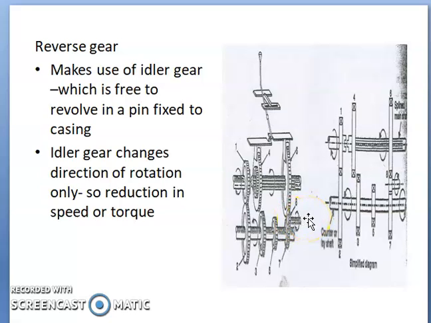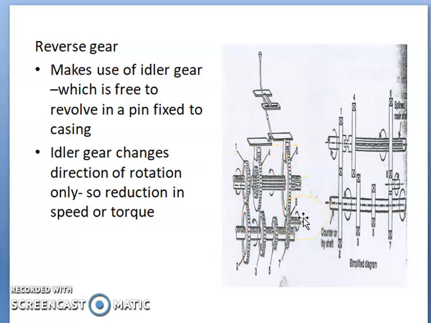And again, if this is rotating in the clockwise direction, then the main shaft will be rotating in the anti-clockwise direction. So the vehicle will move in reverse. So this is how the reverse gear works.